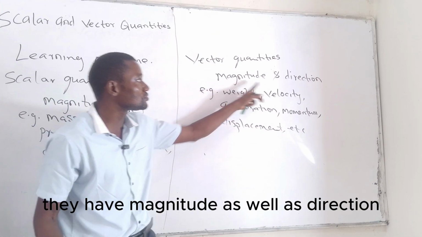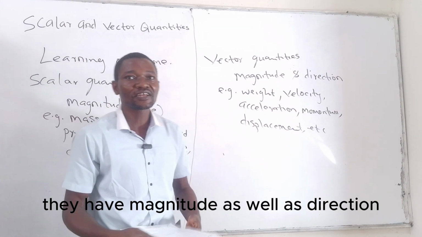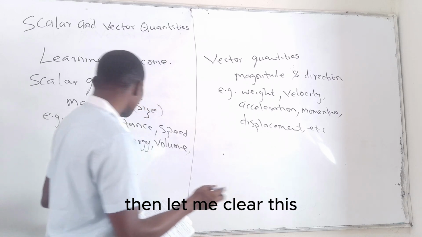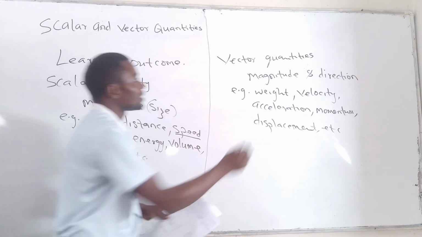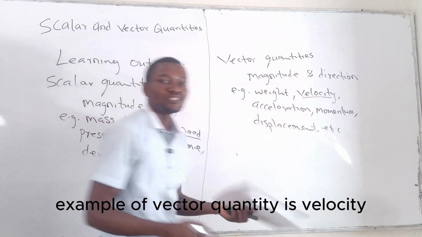They have magnitude as well as direction. Then let me clear this. We say an example of scalar quantity is speed. An example of vector quantity is velocity.